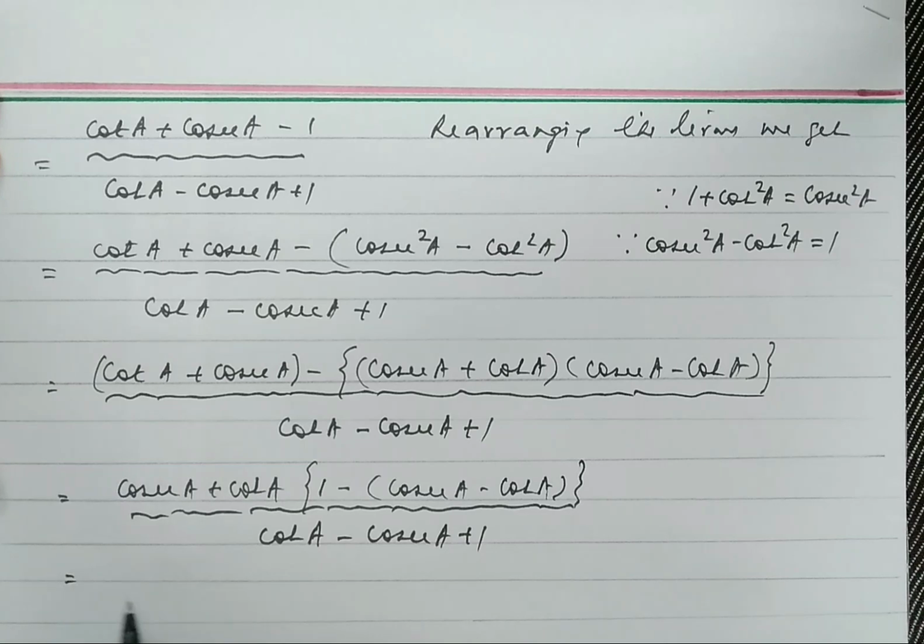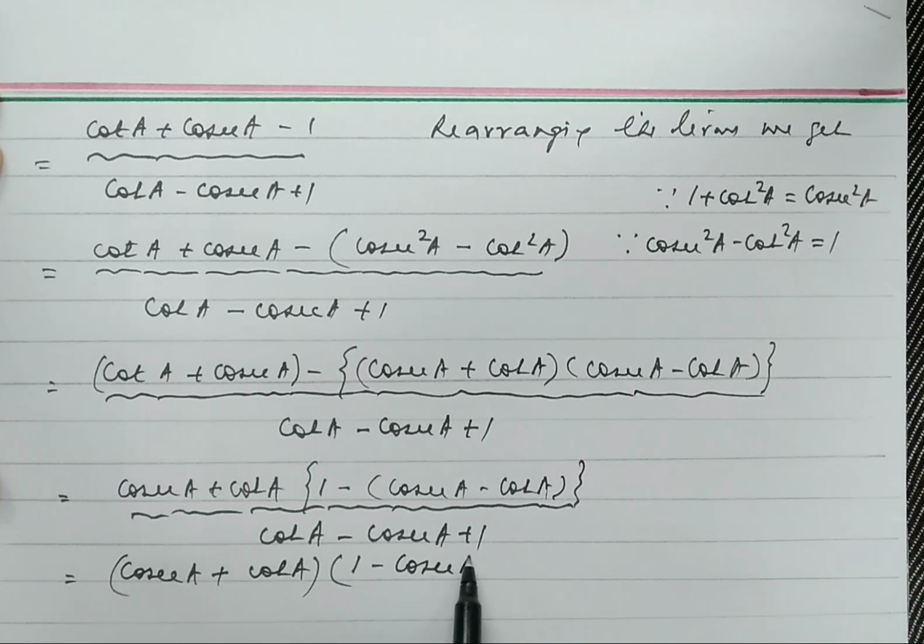The next thing that we get over here is that we'll need to resolve this. So cosec A plus cot A is one factor here. The other one is 1 minus cosec A plus cot A. And below we have the same.